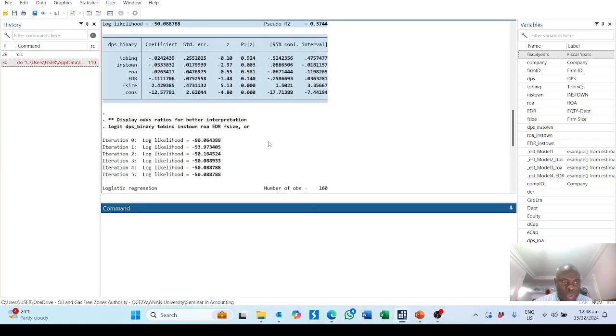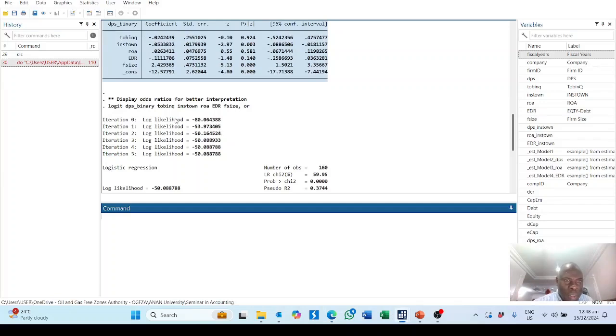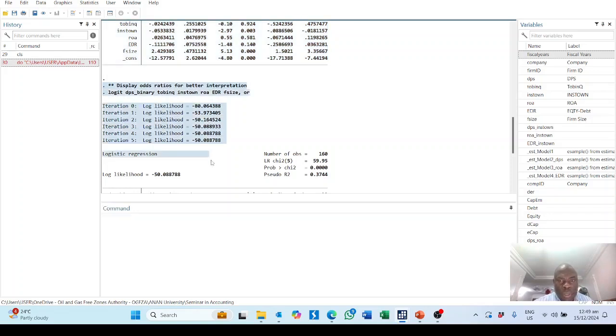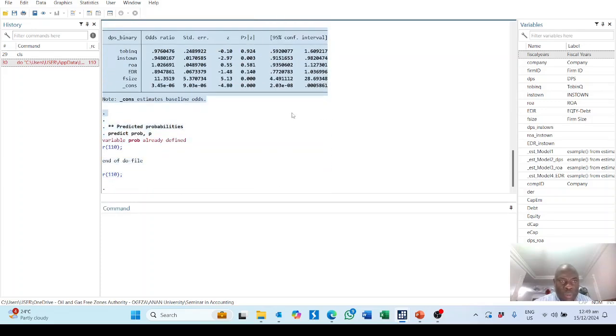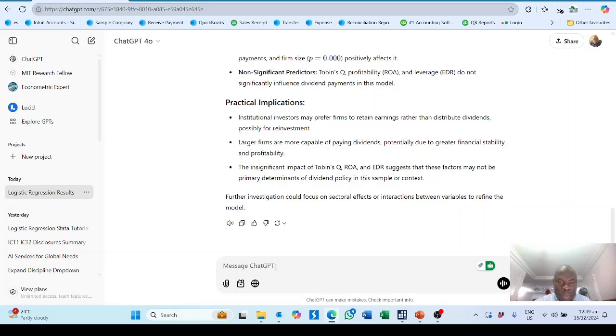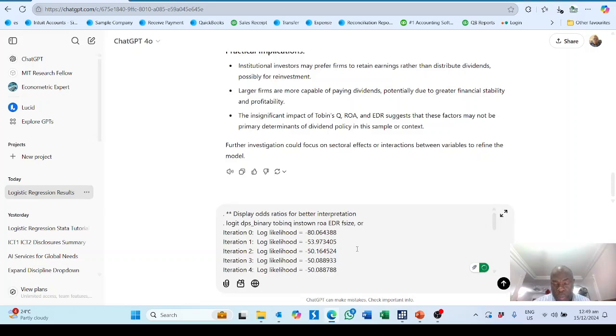You recall also that I said you can take the interpretation further by running the logistic regression with the odds ratio, that's OR, and this is the result for the odds ratio. We can also quickly check the interpretation for this second regression with the odds ratio.